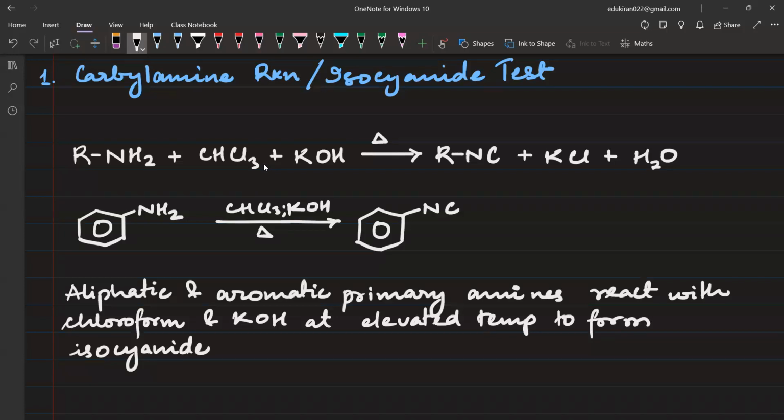This is also known as carbylamine, right? Isocyanide is also called carbylamine, which has a very foul smell.